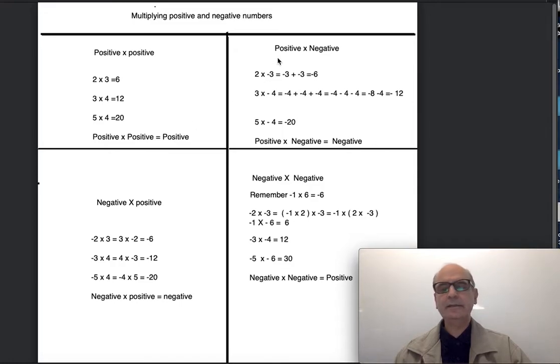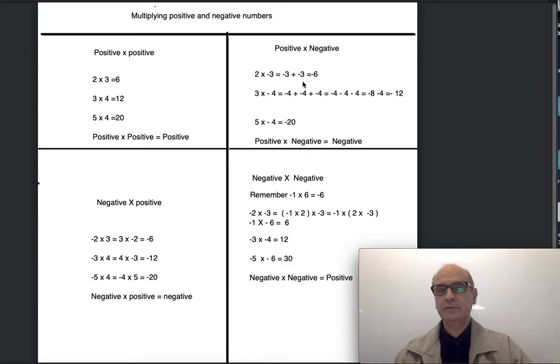But what if we multiply a positive number by a negative number? For instance, I want to multiply 2 by minus 3. You remember that 2 times any number means you're adding that number twice. So 2 times minus 3 will be the same as minus 3 plus minus 3.